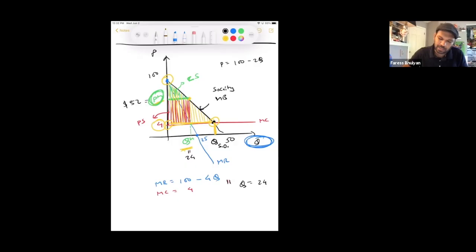And you're going to end up with the story that when the monopolist operates, from the society's point of view, this is the deadweight loss. The society is not able to go for that. So monopolists in that sense are also not efficient.